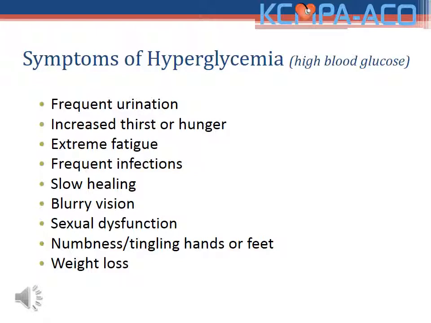However, some people with type 2 diabetes may not have symptoms at all, or the symptoms may be so mild that they don't notice them. This is the reason people with type 2 may have diabetes for many years before it's diagnosed. Early detection and treatment of diabetes is important because it can decrease the risk of developing diabetes complications.